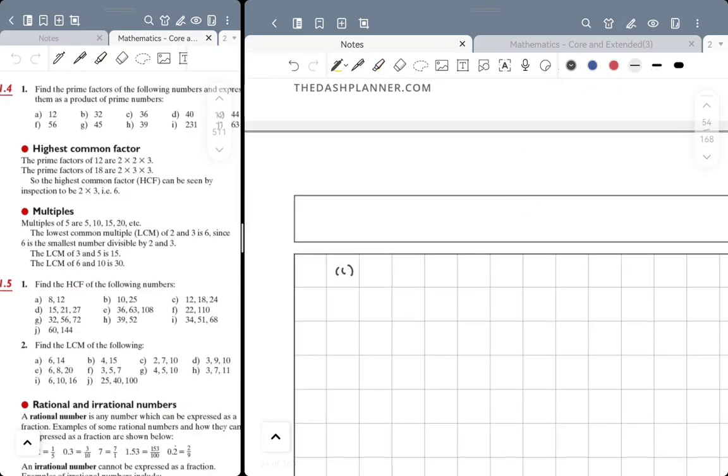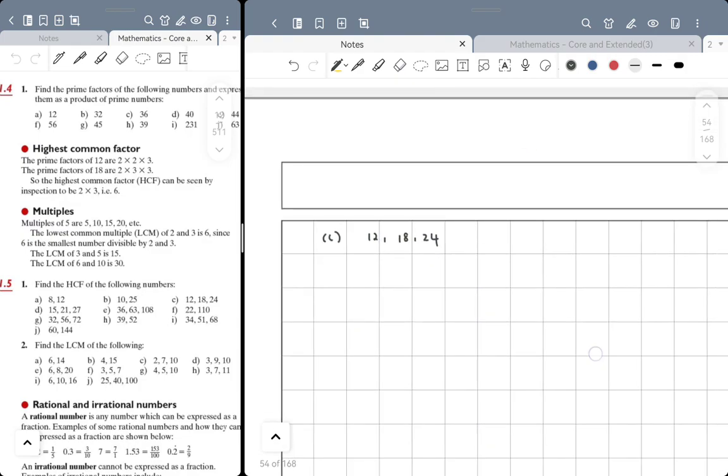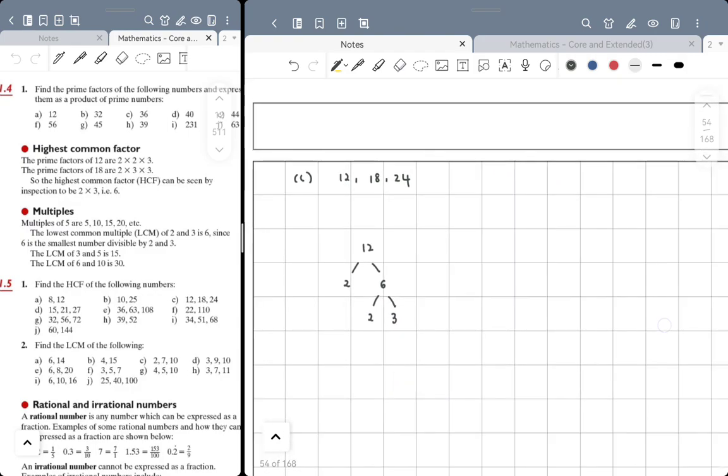Or if you want to do the other method, see, okay, 3 numbers: 12, 18, 24. If you want to do it this way, 12 equals 2 times 6, and 6 equals 2 times 3. And 18 is 2 times 9, and 9 is 3 times 3. And 24 is 2 times 12, 2 and 6, 2 and 3.